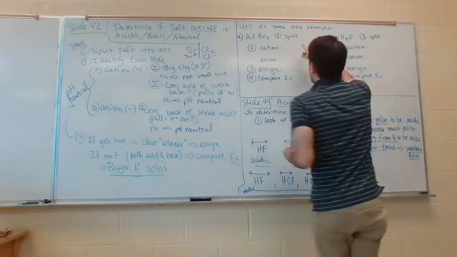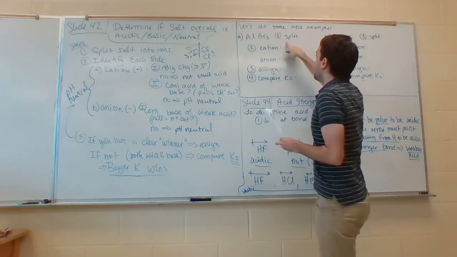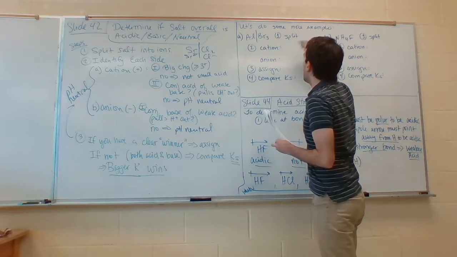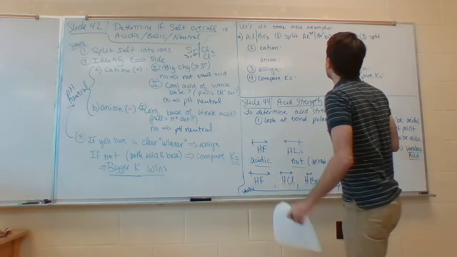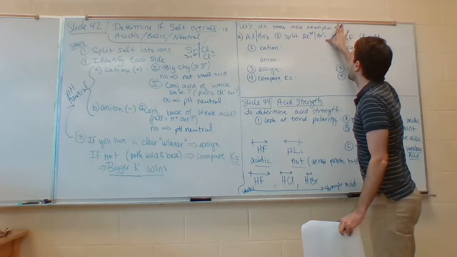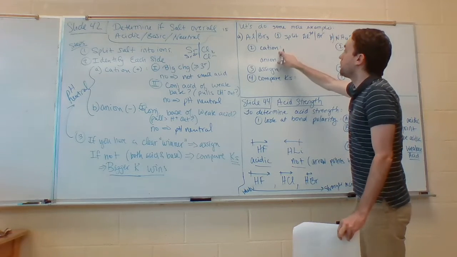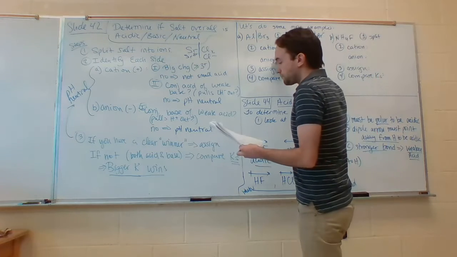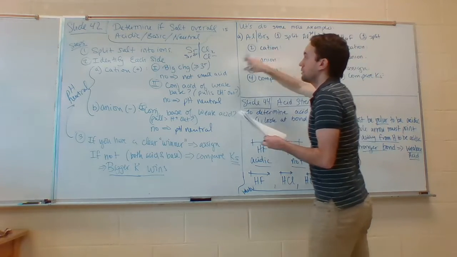So to give you some examples, right, let's do aluminum bromide, right? So first I'm going to split it, so I'm going to draw my vertical line, and I'm going to write aluminum 3+ and bromide minus, okay? So for my cation, I need to ask, does it have a bigger charge, right?